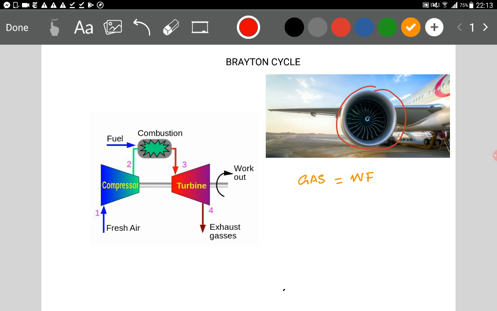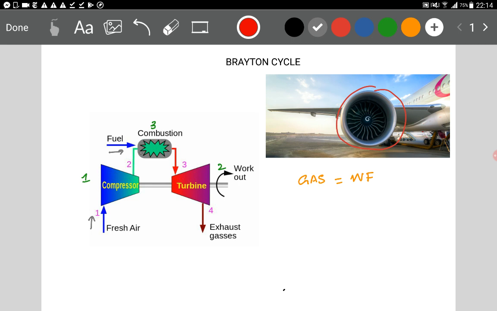So what are the basic components of this cycle? The basic components are, as you can see here, the compressor, the turbine, and the combustion chamber or combustor. What's happening here is that you supply fuel to the combustion chamber and fresh air to the compressor, and the compressor compresses it.